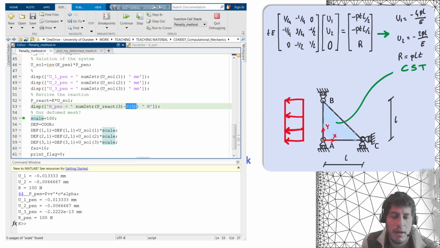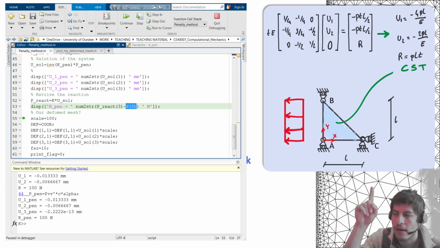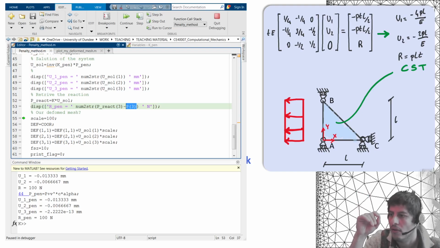This is the equivalent nodal loads. If we had, for example, a load applied on point C there, an external load, like, I don't know, a pressure was applied, then we had to remove that from the reaction, okay?